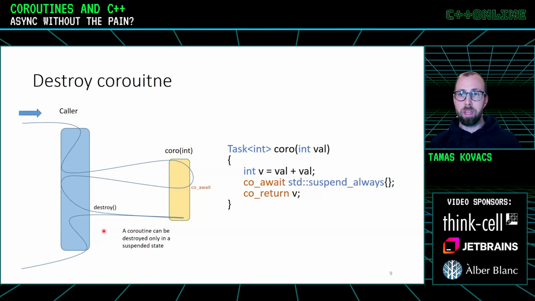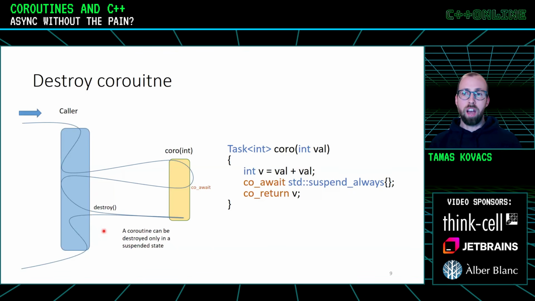The coroutine can only be destroyed in the suspended state. If a coroutine is destroyed before reaching completion, the usual stack unwinding happens and all the local objects are properly destroyed. So that's great, we are safe here. This could be handy, for example, if we want to cancel our coroutine.